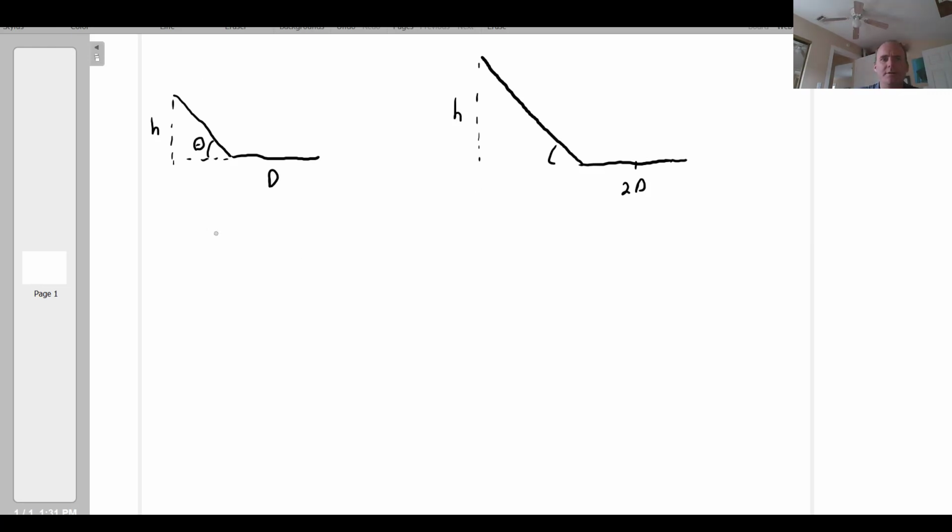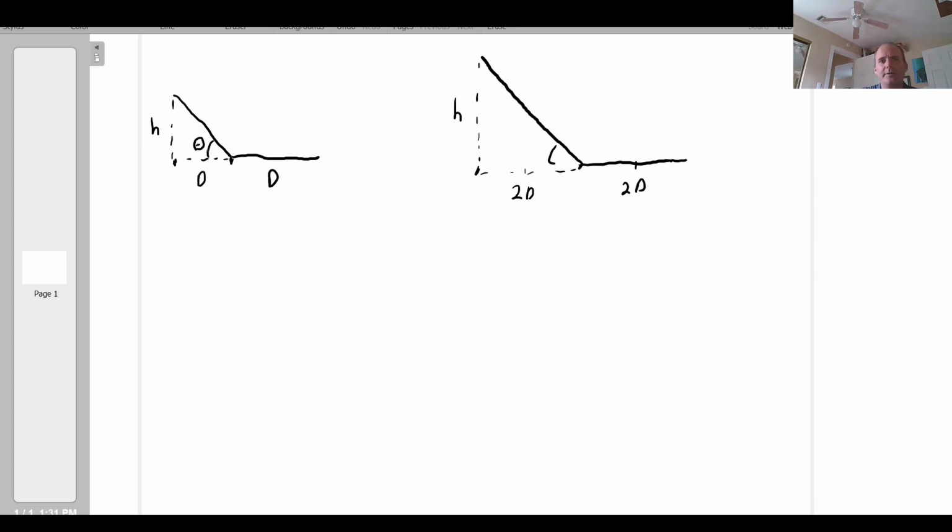Well, let's do this one first. This is D as well. So we have this is D, and this would be 2D. Is the height twice as much?